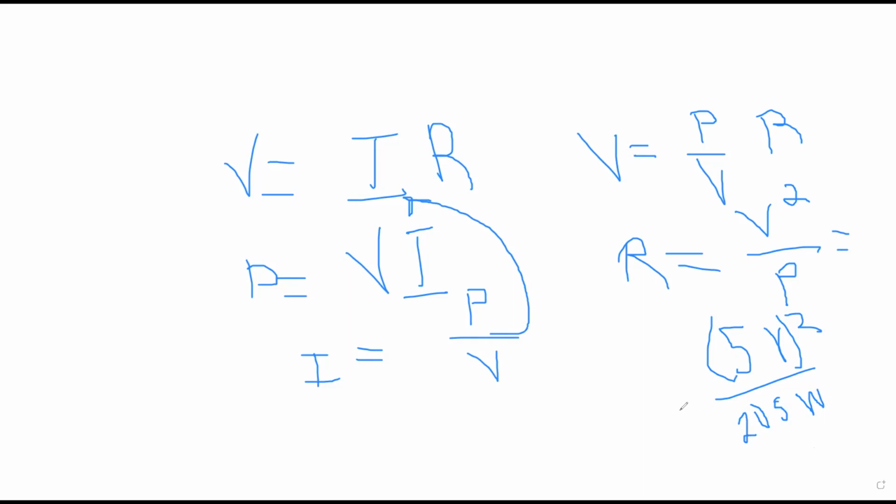And R is approximately 0.1219. And you just round that to three decimal places, so it'll be 0.122.